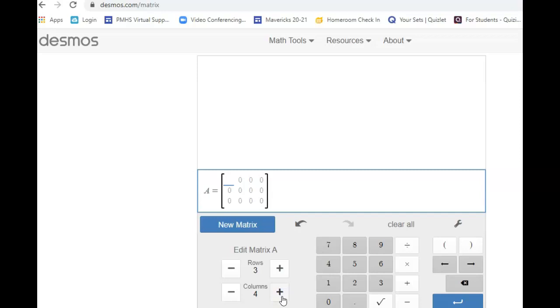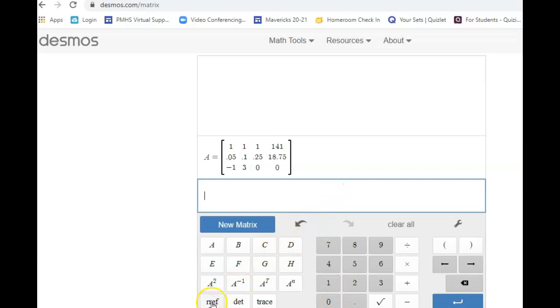So my matrix equation, I had 1, 1, 1, 141. I had 0.05, 0.1, 0.25, 18.75. And this is the one that I almost messed up on. I have -1, 3, 0, 0. So I'm going to press enter.